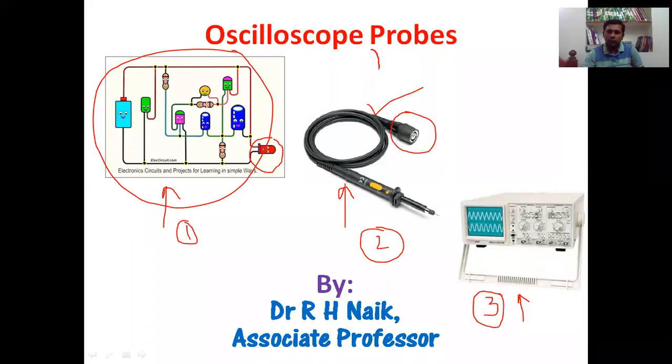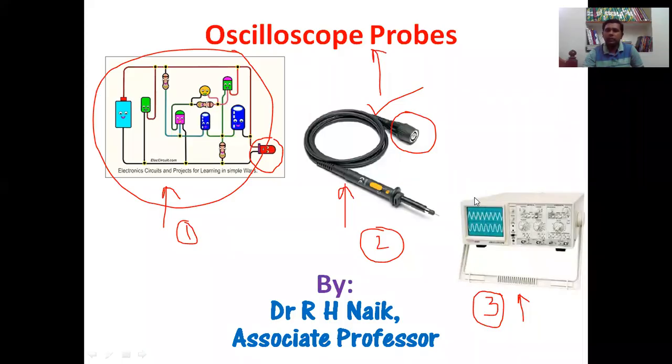So the present topic is CRO probes, or we can say oscilloscope probe. This oscilloscope probe helps us to connect your circuit output with your CRO, so that the circuit output is carried by this oscilloscope probe and connected to the CRO.